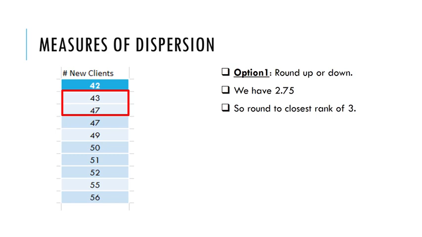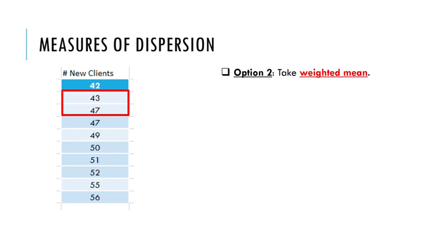And so that would give us our closest rank of 3. Well, the 3 means simply 1, 2, 3. If I count down in the ordered numbers, 42, 43, 47. So this gives us 47. So we would say our 25th percentile is 47.